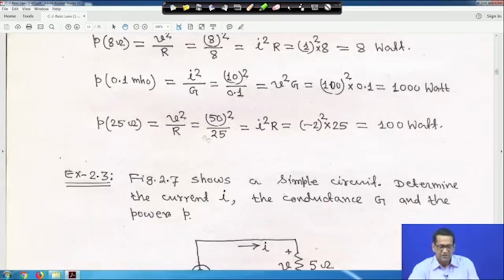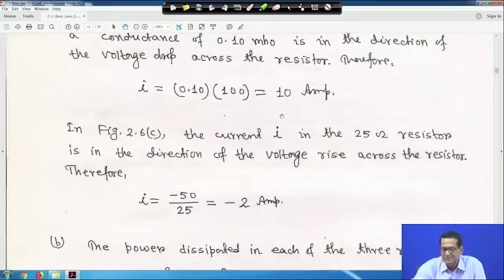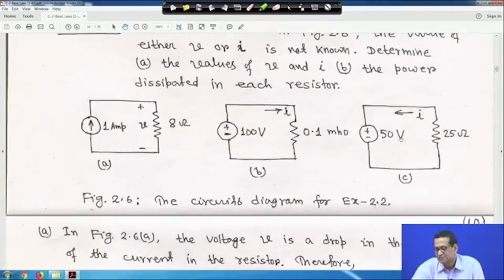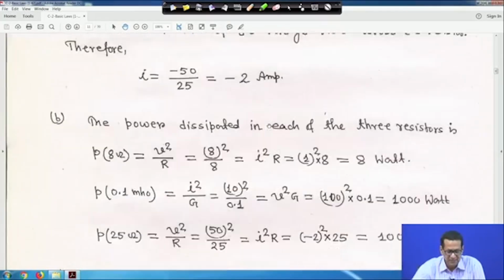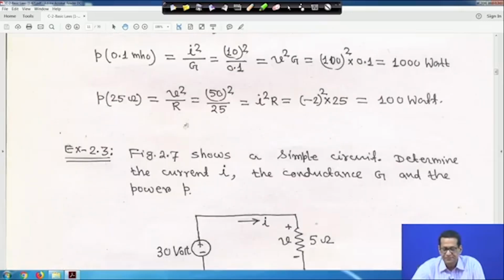Similarly, the pure 25 ohm resistor in this circuit, whatever may be the current, it does not matter. So, V square by R is equal to 50 square by 25, and also I square R, I is minus 2, square into 25. So, ultimately 100 watt.